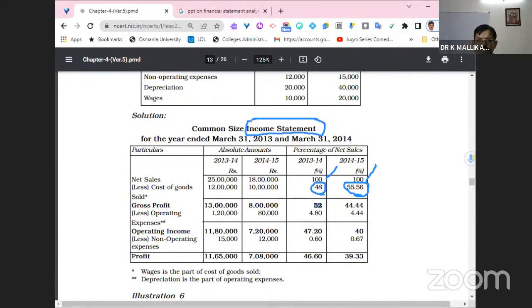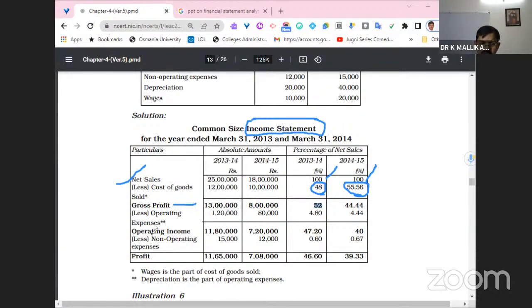First, we fix this procedure. First, we take net sales minus cost of goods sold, and we get gross profit. Gross profit minus operating expenses, we get operating income.